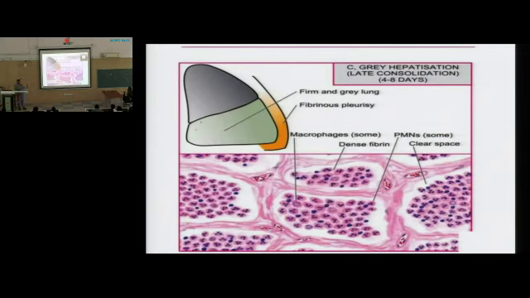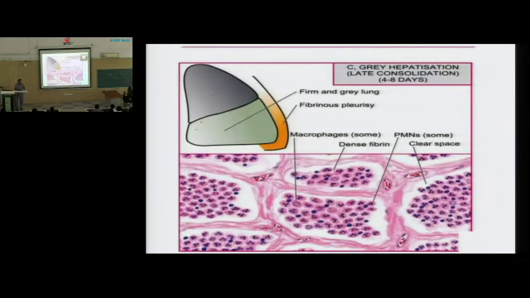Whatever dead material or debris will be there, they will try to take out and clear the spaces. So you can see there will be some clearing of the alveolar spaces, right? So there will be presence of macrophages, few polymorphs, and a marked decrease in the number of RBCs in the stage of grey hepatization.